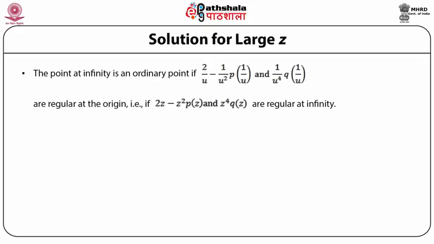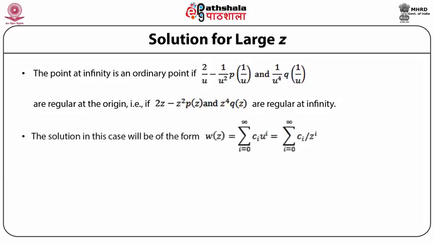The point at infinity is an ordinary point if 2 by u minus 1 by u square into p of 1 by u and 1 by u raised to power 4 into q of 1 by u are regular at the origin. That is, if 2z minus z square times pz and z raised to power 4 times qz are regular at infinity.